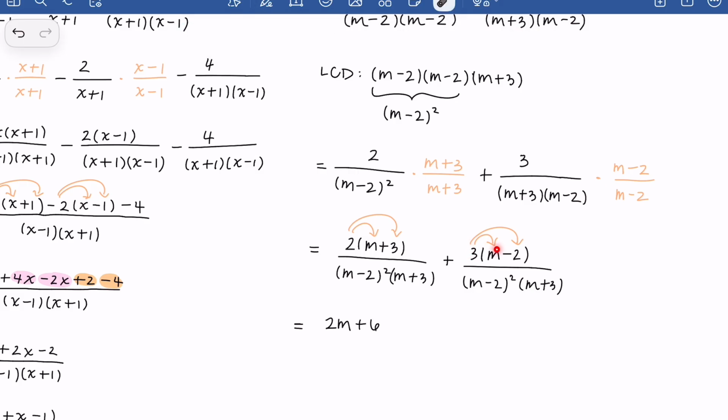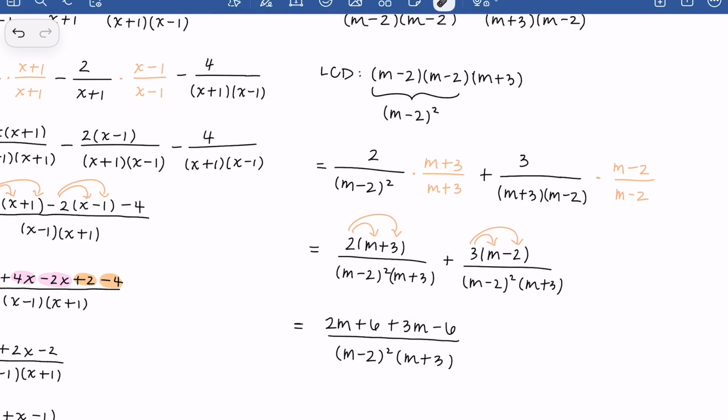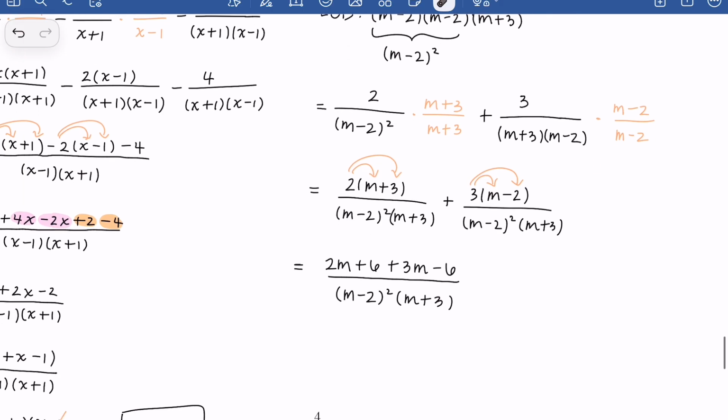Then I'm going to end up with 3 times m minus 6. And since we have a common denominator here, I'm going to write everything over that LCD. Okay, so I combined the step where I distribute this and write it over one common denominator from here to here. Now what we can do is combine like terms.